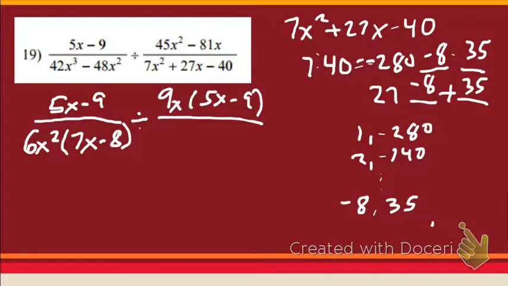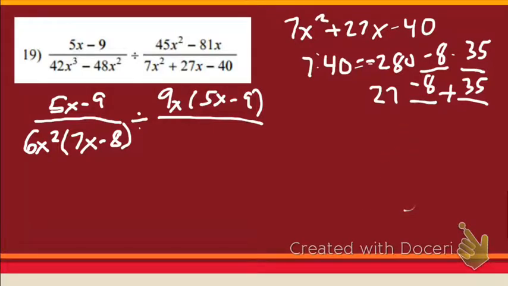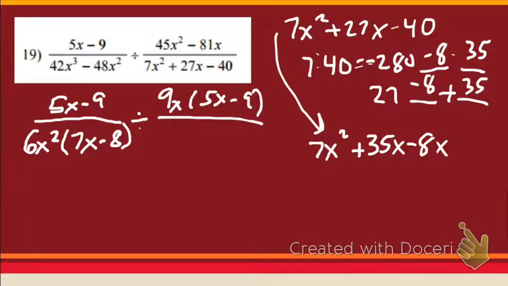So now let me just erase this down here. We can take this quadratic and break up that middle term, 27x, as 35x minus 8x minus 40, and then factor by grouping.